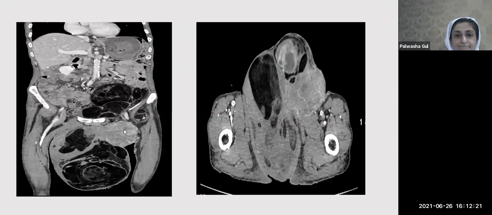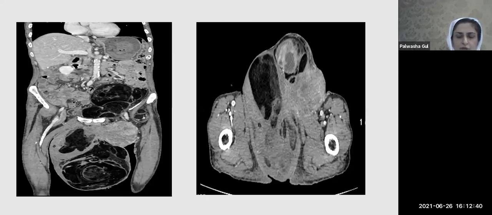Case number 5 is, again, one many of you may know. This was a 40-year-old male with a swelling in the inguinal-scrotal region for the last 2, 3, or maybe 4 years, and he came for a CT scan.